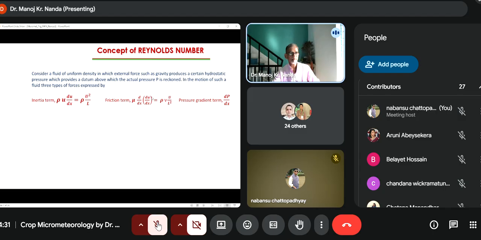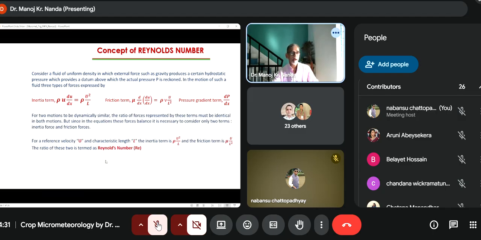When you take the ratio of the inertia term and the frictional term, you get a number, that is the Reynolds number. That Reynolds number defines the characteristics of the flow. So Reynolds number is the ratio of the inertia term and the friction term. Obviously, in the friction term, in place of mu you should write rho nu, so rho will cancel in the ratio, and u square over u becomes u only, and the formula is something like u L by nu.